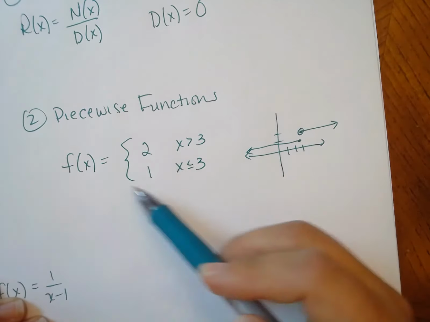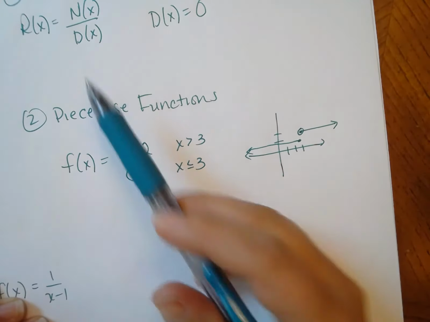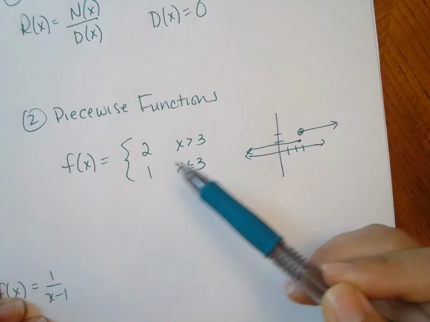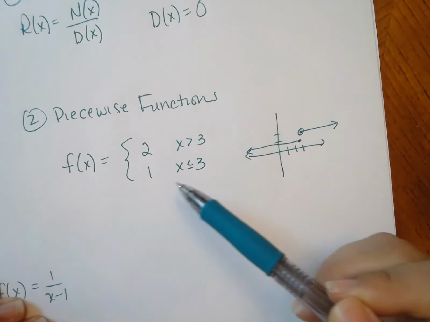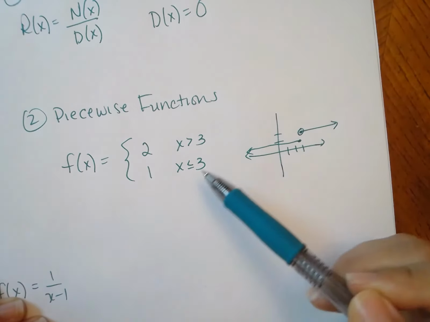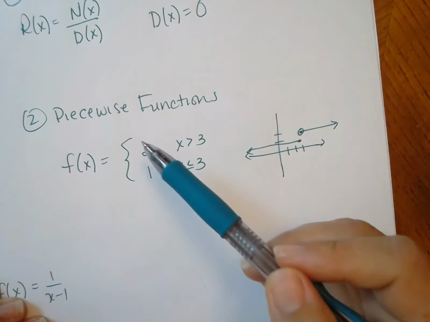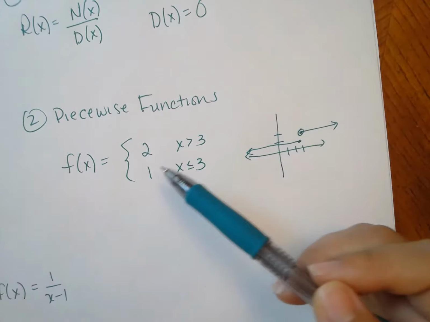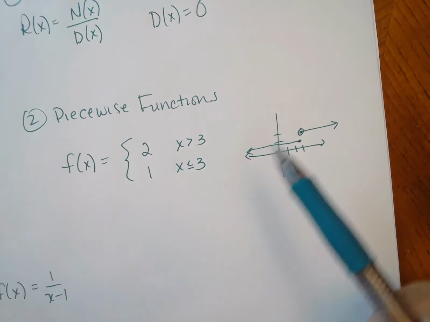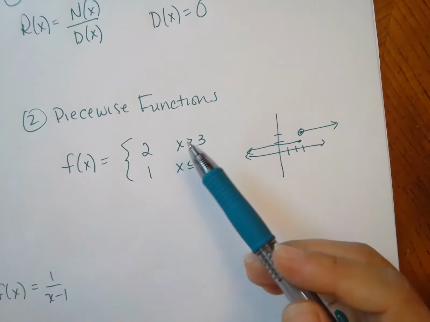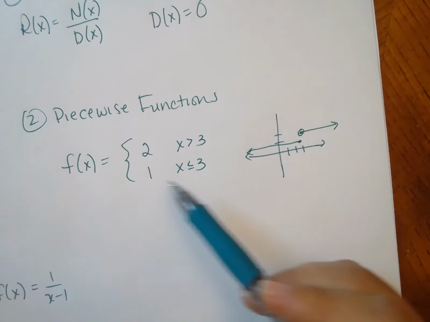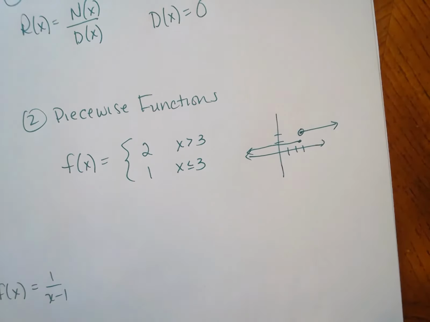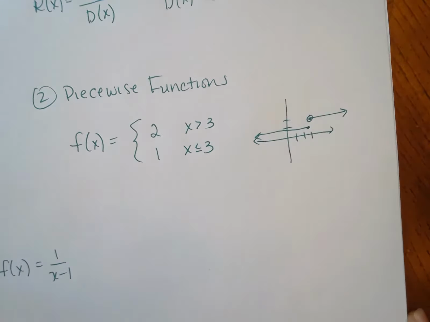Unless one of these things is rational, and then I need to look where the denominator is 0 or something like that. But for the most part, with piecewise functions, we're looking at where is my x values changing, because as long as these two functions are continuous, they're usually built from polynomials, then this will also be continuous in those areas. It's just we need to make sure that there's not a break where these two graphs change, where the two pieces of it change.